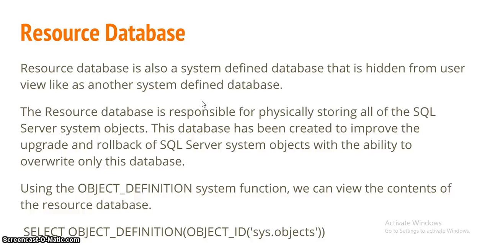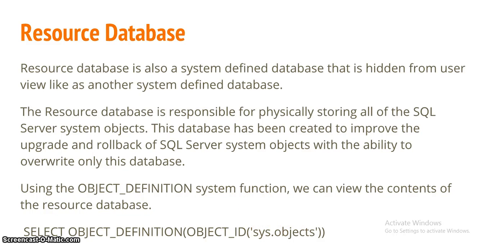To see the code, we have a system function called OBJECT_DEFINITION. We can view the contents of the resource database using this function. One sample example is select OBJECT_DEFINITION of sys.objects.